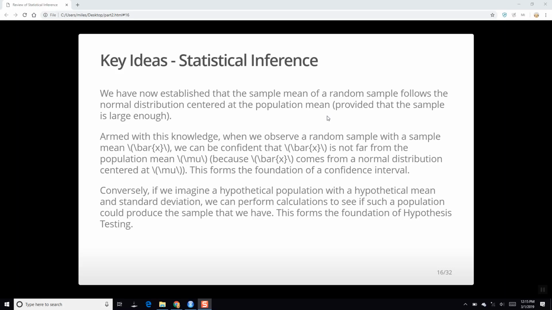You know, here's a hypothetical population, and this hypothetical population has a mean of 6 or whatever. And we ask, could this hypothetical population produce the sample of data that I have? All right? And that forms the basis of hypothesis testing.